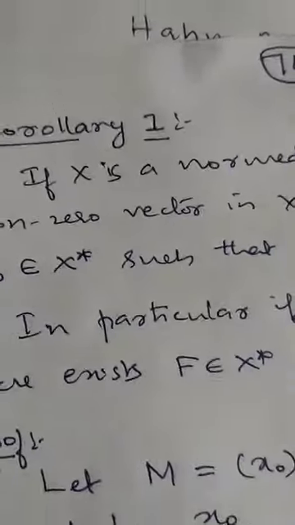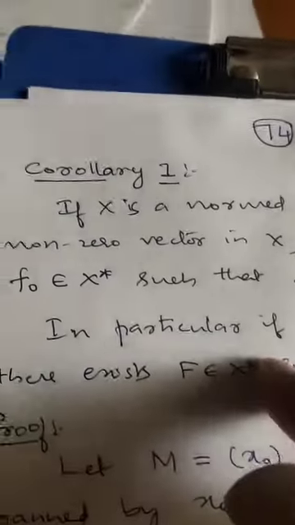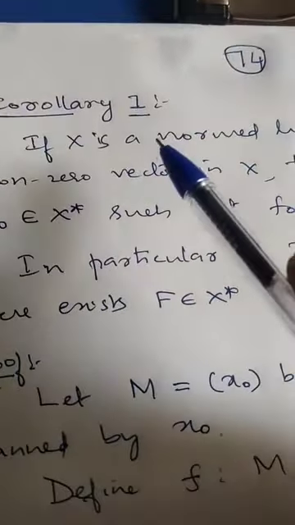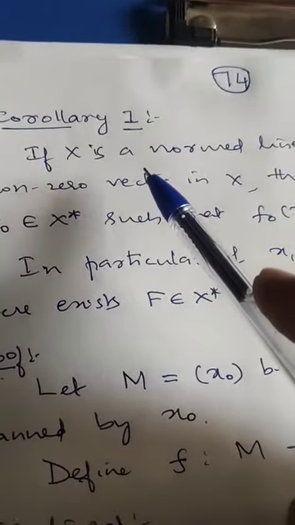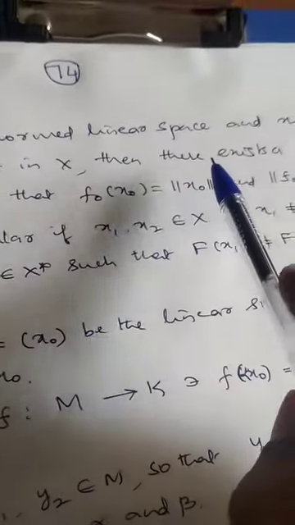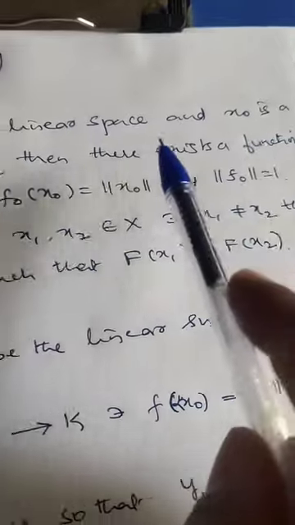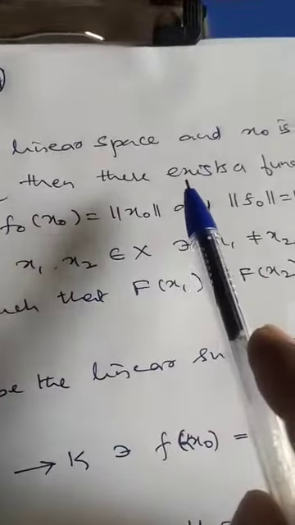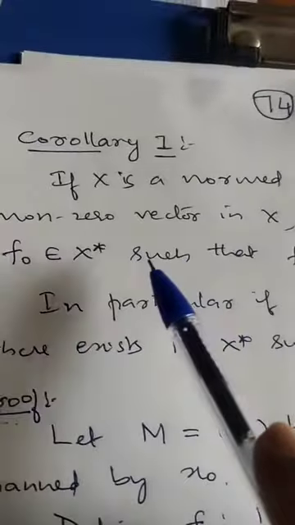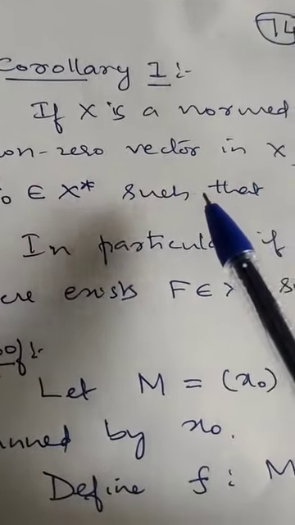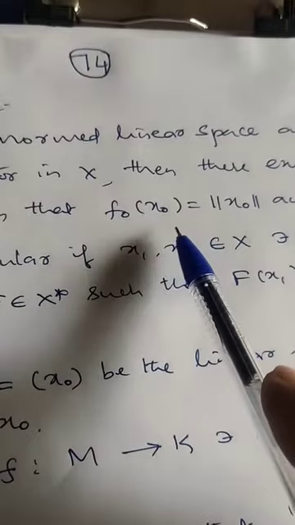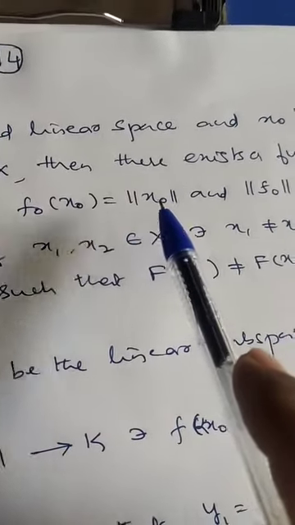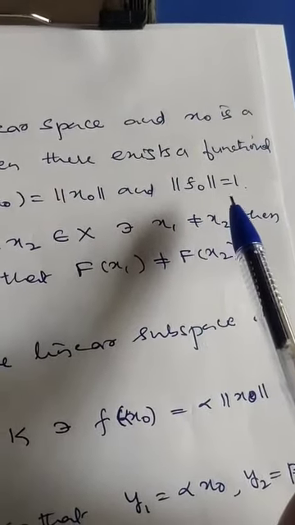Let us take up a few important corollaries to this theorem. Among them, the first corollary states: if X is a normed linear space and x0 is a non-zero vector in X, then there exists a functional f0 which belongs to X star such that f0 of x0 is norm of x0 and norm of f0 is 1.